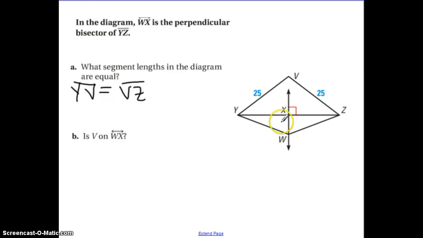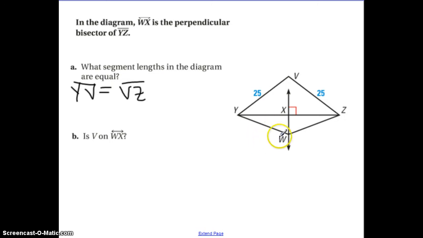Now let's look at some of our other sides or lines in this picture. Do we know anything about WY or WZ? Is there any way that we could prove that these two lines are equidistant or congruent?